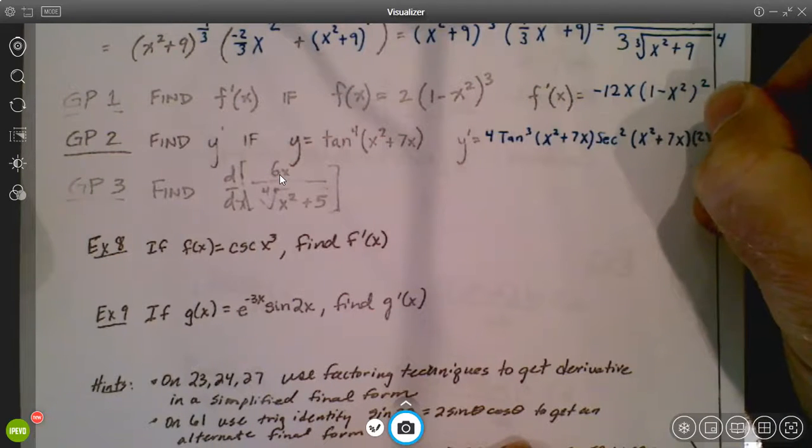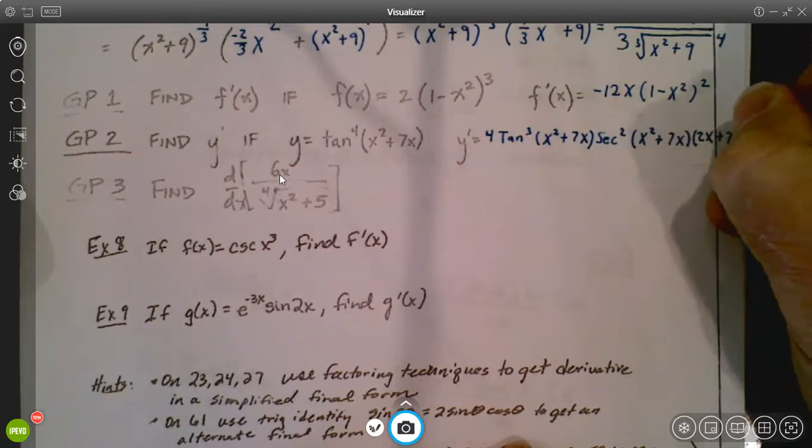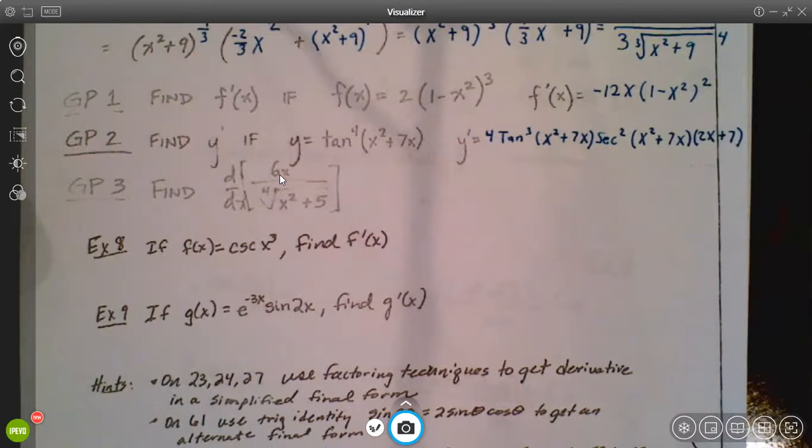I'm trying to squeeze in my last factor of 2x plus 7. So there's the way that one would look.